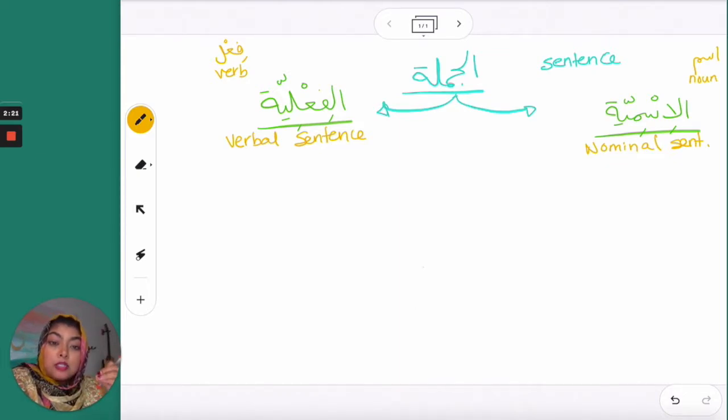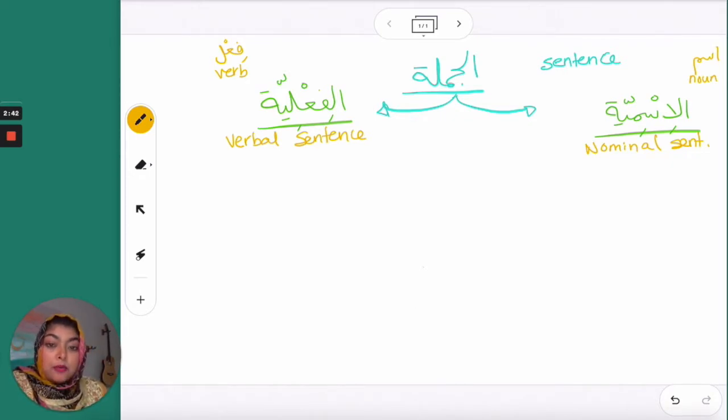Now, when we're talking about al-jumla, we're talking about complete sentences, not phrases that are just parts of a sentence, but what makes a complete thought? What makes a complete sentence that you can put a period at the end? Okay, so the two types of complete sentences that we have are these two, جملة الاسمية وجملة الفعلية.